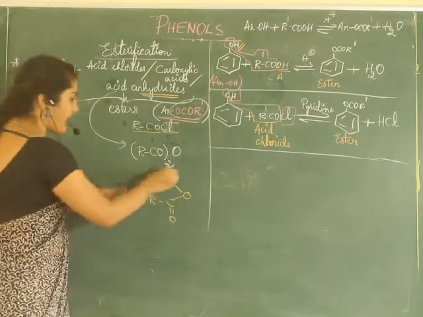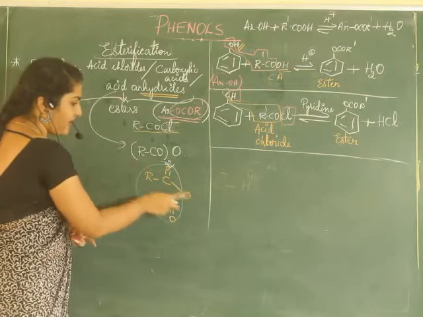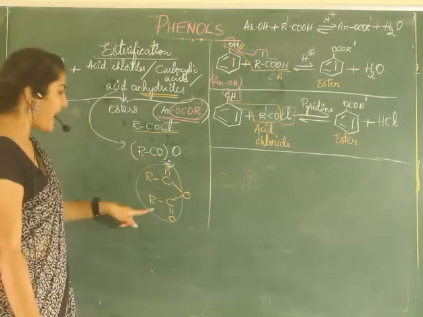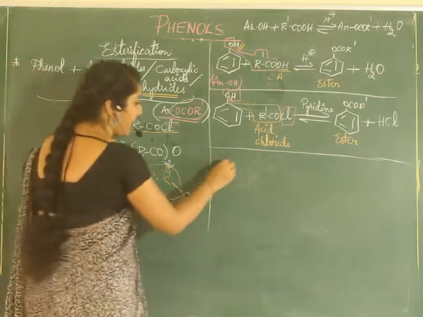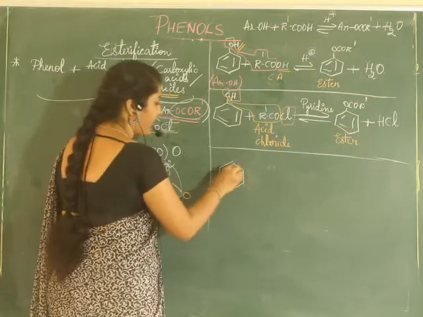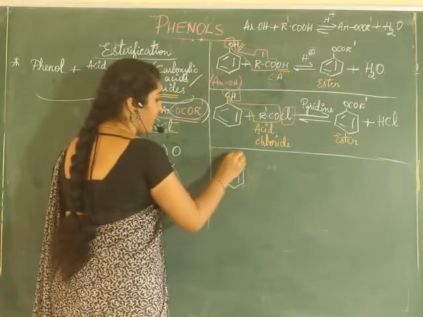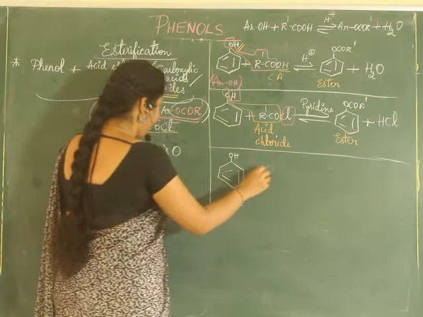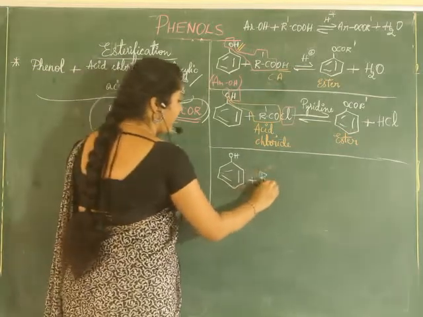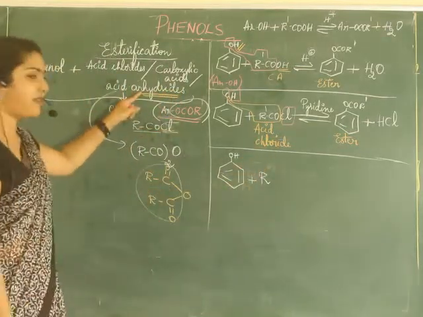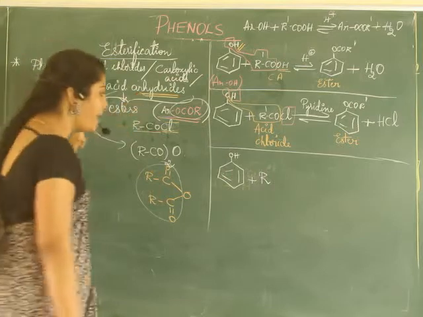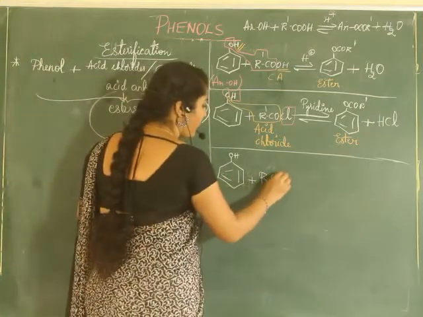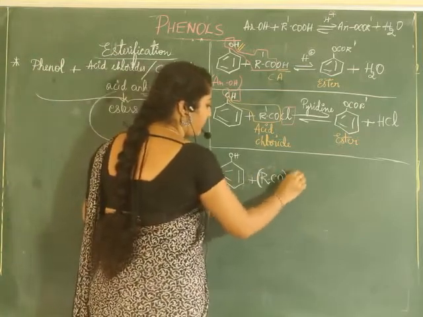That is why we write RCO twice O. Acid anhydride. So let us see how the reaction takes place. Phenol OH plus, again, how do you write acid anhydride, also called acetyl anhydride? RCO twice O.